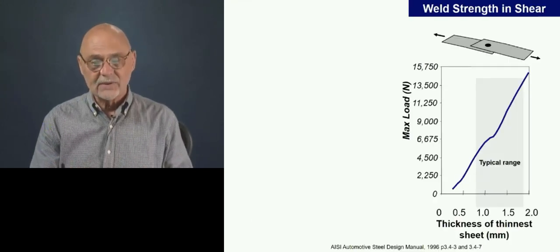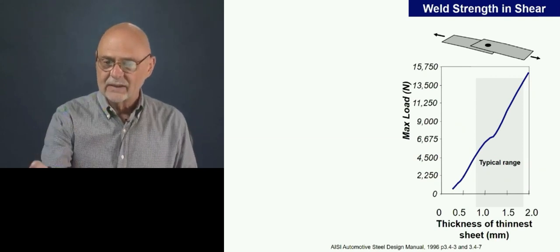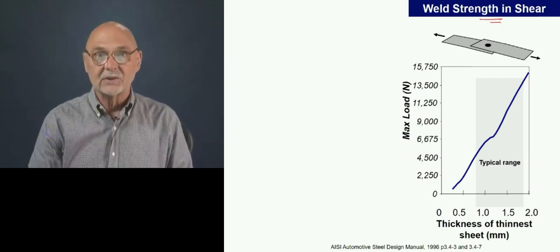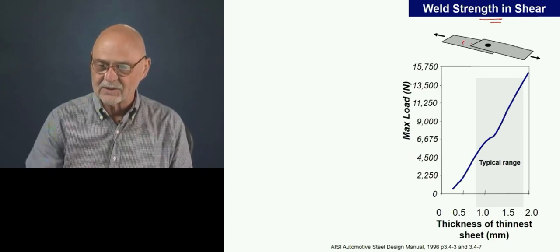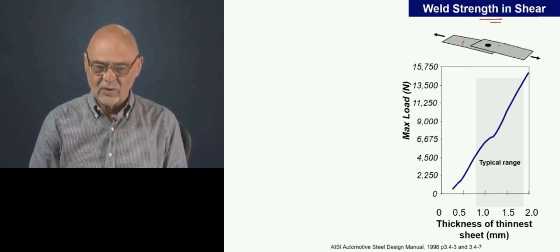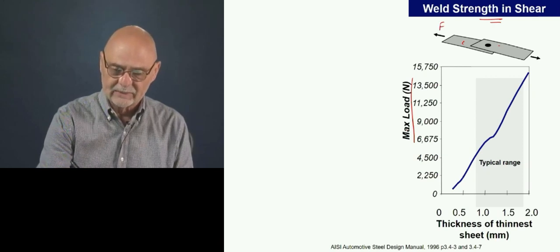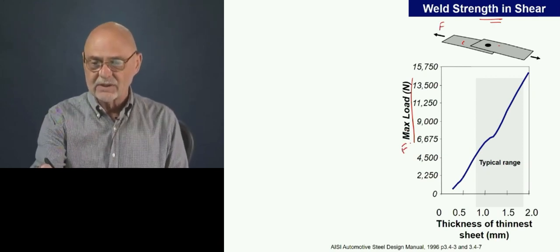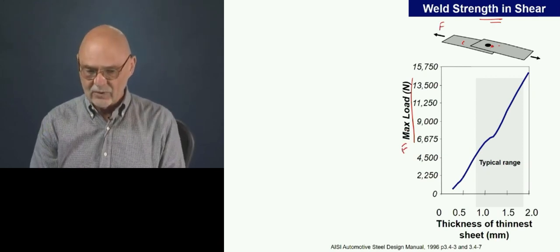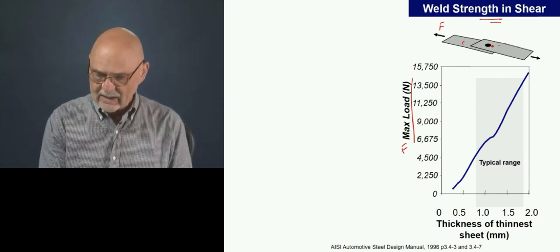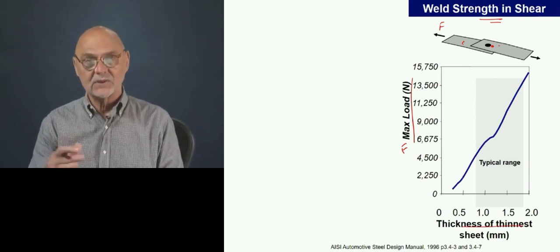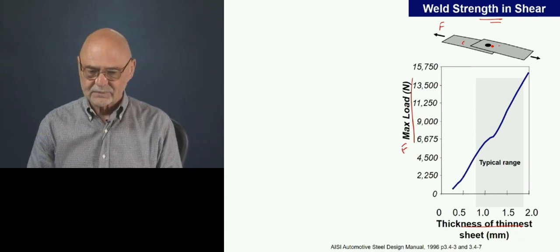If we look at a strength kind of load, now we're looking at a single load application, and here we're looking at the shear. This is a lap shear condition, a single load. Here we're looking at what load we can apply before we start to tear the spot weld out. And here we're looking at the thickness of the thinnest sheet in this case.